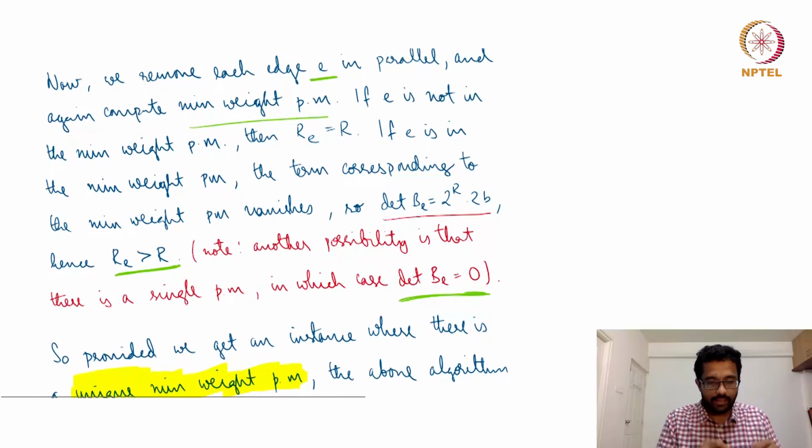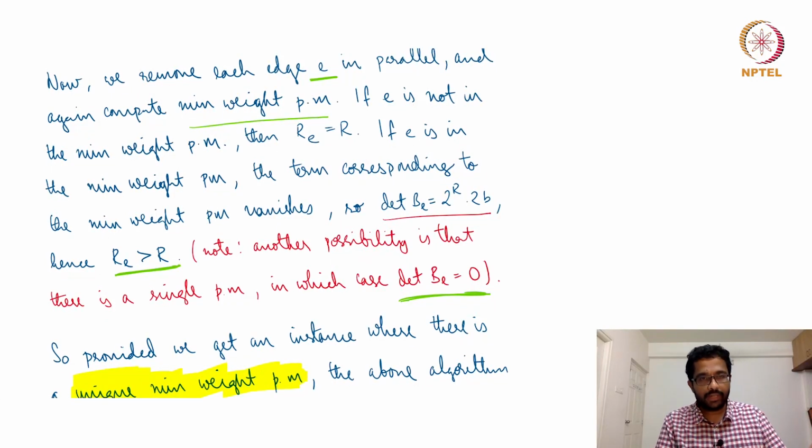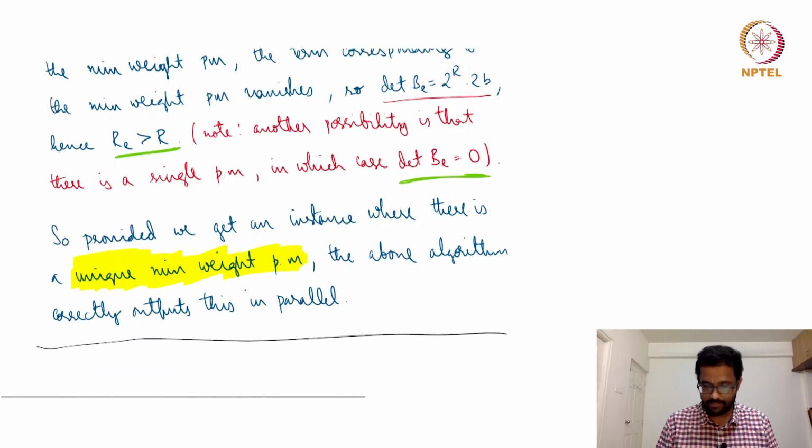So each processor that corresponds to each edge will either output the edge or not output the edge. And the point is that if there is a unique min weight perfect matching, the correct matching will be output by the individual processors.